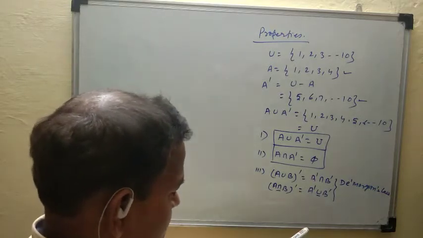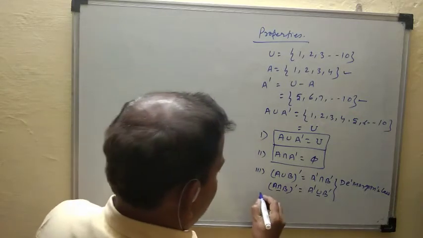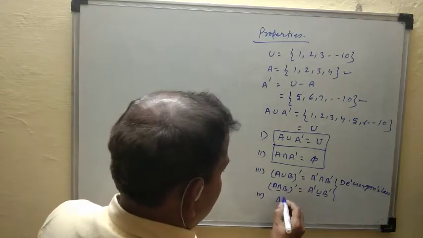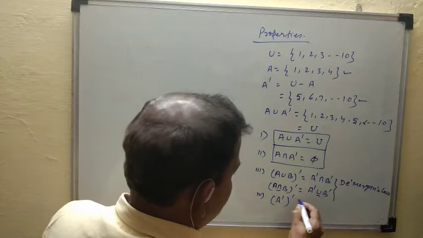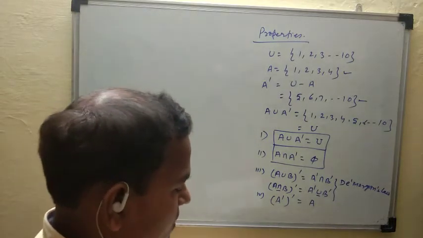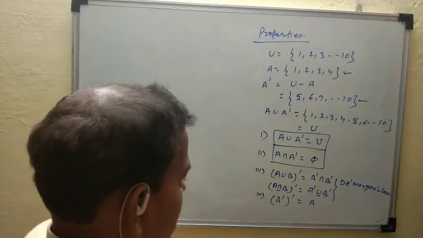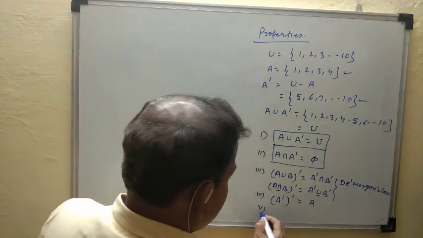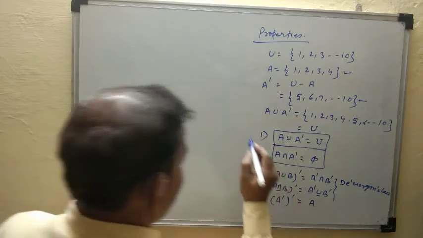Now the next property, the fourth: A complement whole complement is equal to A. Discussed in a previous example. And the fifth property: what is U complement?